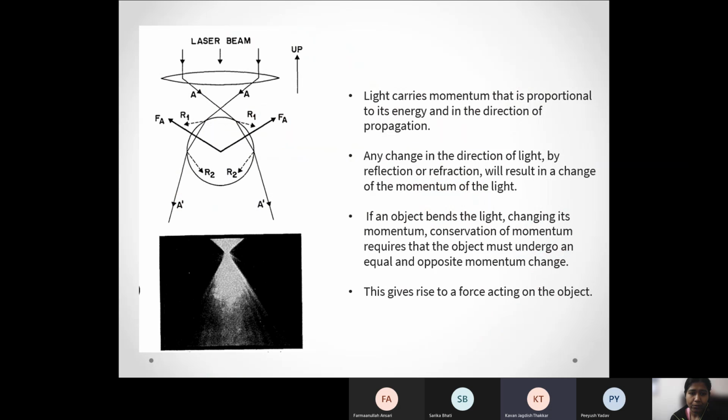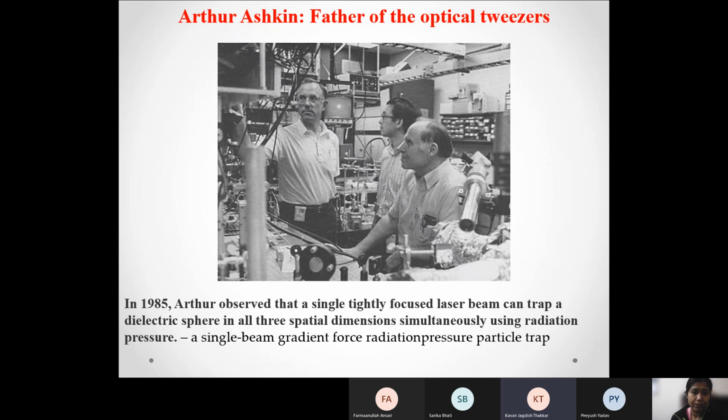So Ashkin, he did all the physics, right? Remember this person here, he has done all the physics to understand. First of all, he has shown that this can occur: that if you put these beads under the laser beam, not just beads, even if you put cells, bacterial cells, you can trap them. It's almost like holding them in place.